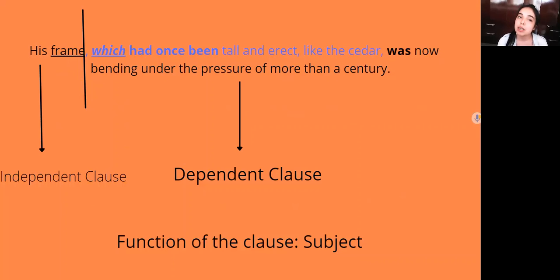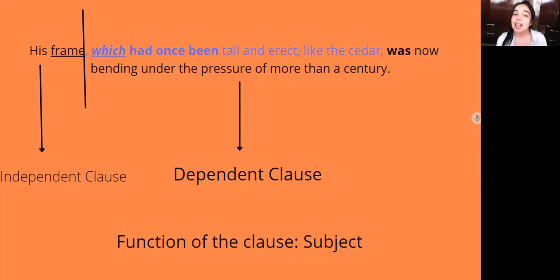In the independent clause, we have "frame" and our verb, "was". Then in our dependent clause, we have "which", our subordinator, which is again working as our subject. And then we have "had once been", that is our verb. We have everything. The function is subject again.